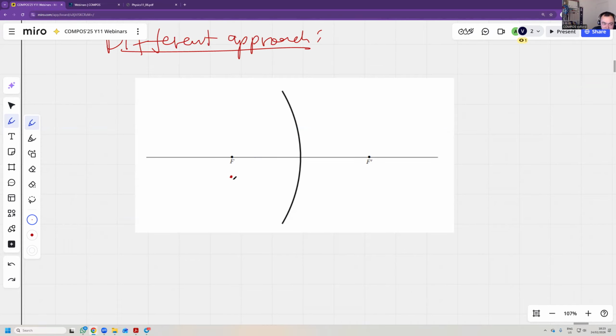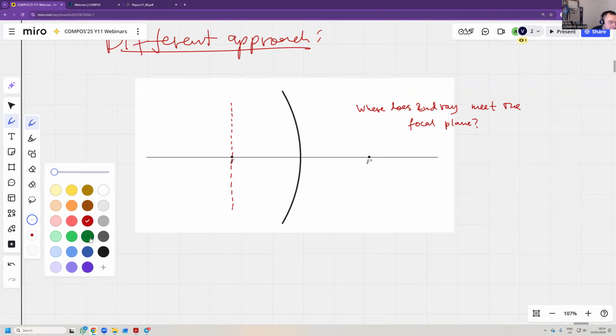So we don't care about that point. We want to know, where does the second ray meet the focal plane?